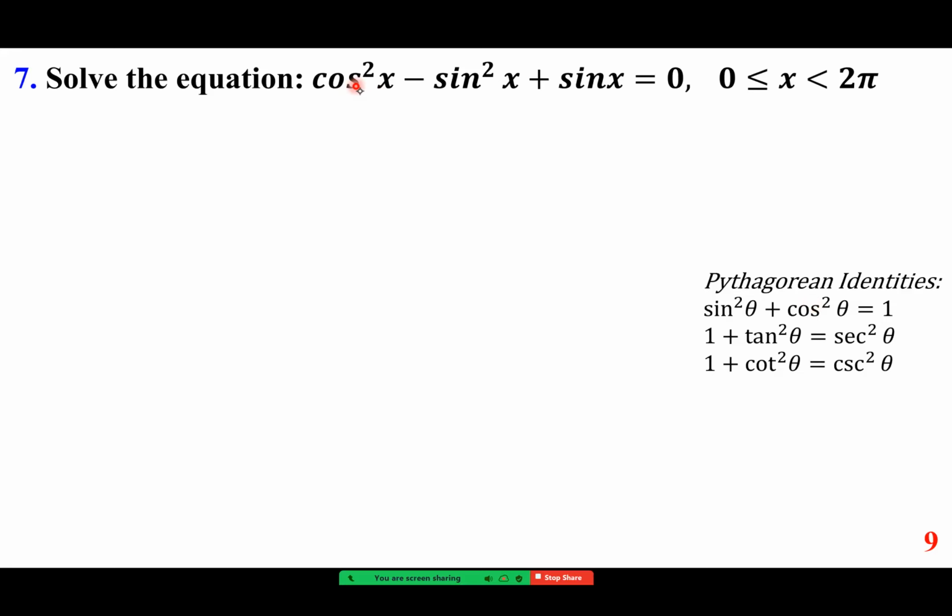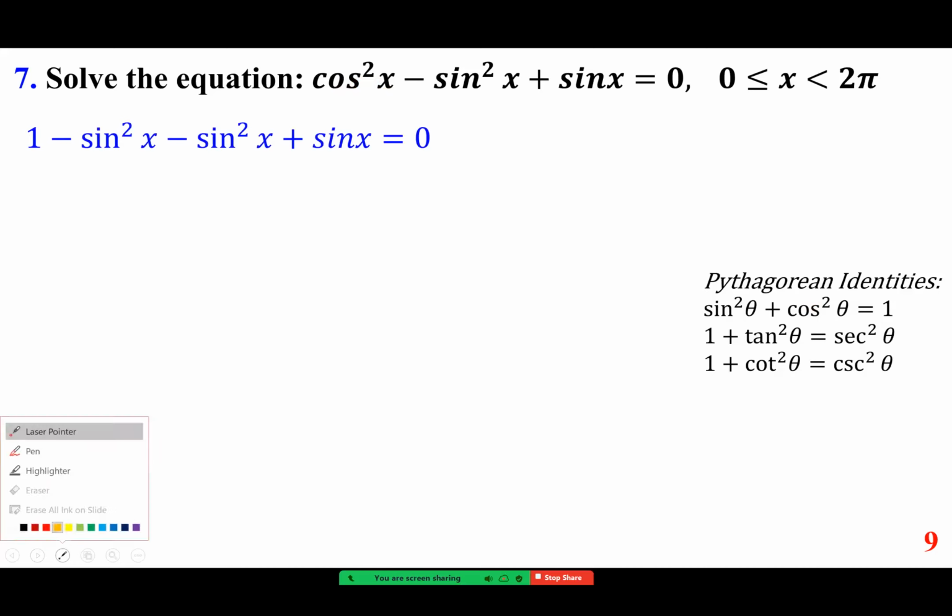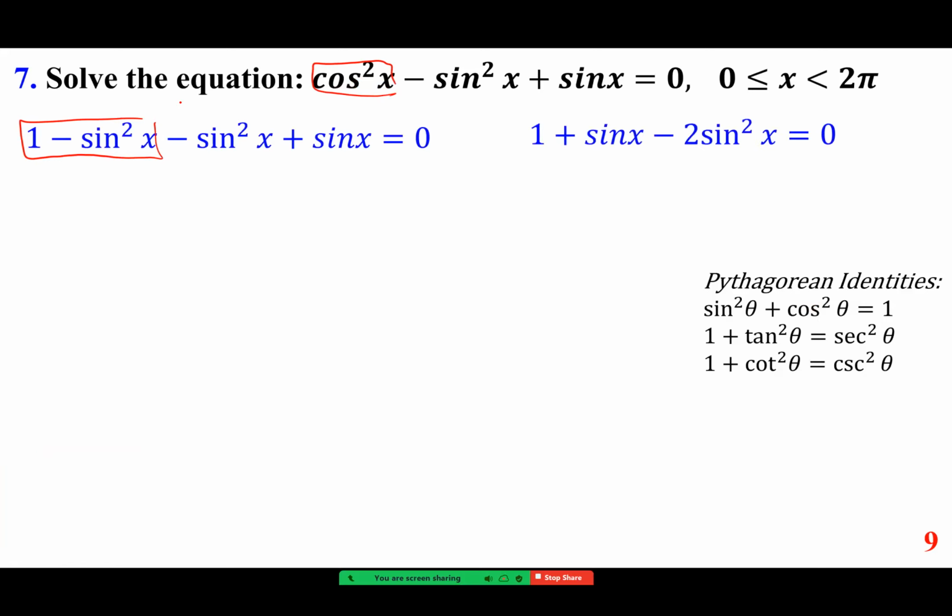So this one will change to 1 minus sine squared. Therefore, we have a 1 plus sine x minus 2 sine squared x equal to 0.